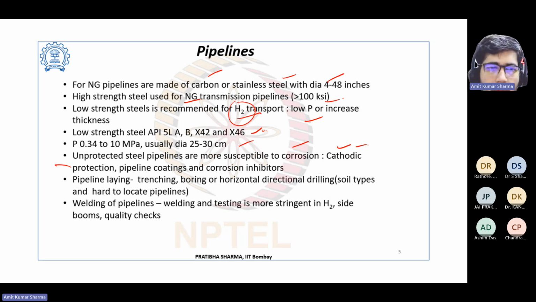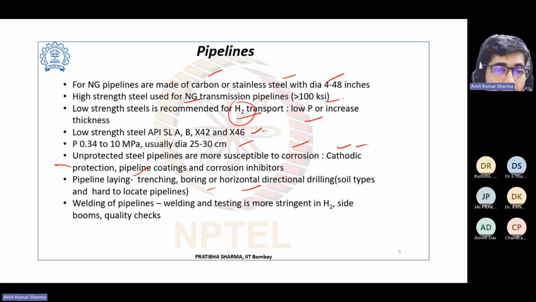You will have a connection from the pipeline to that material, so all the corrosion goes to that only. For pipeline laying, there are methods like trenching, boring, horizontal directional drilling and all.